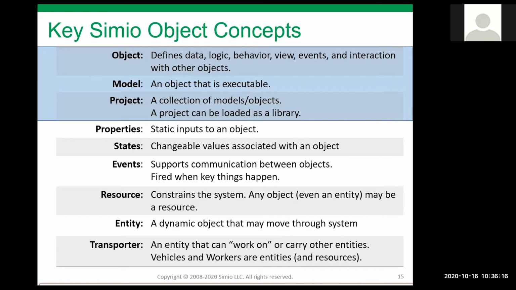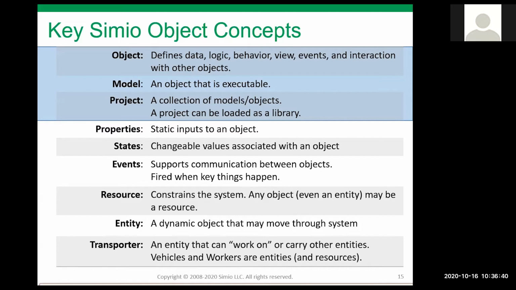Like it could be a machine, but a machine isn't simply a machine that is busy or not. Machines have lots of data. They have interactions with other objects. They have setup times. They have secondary operators. They have failures. They have costing. All of those types of things are included in the object.